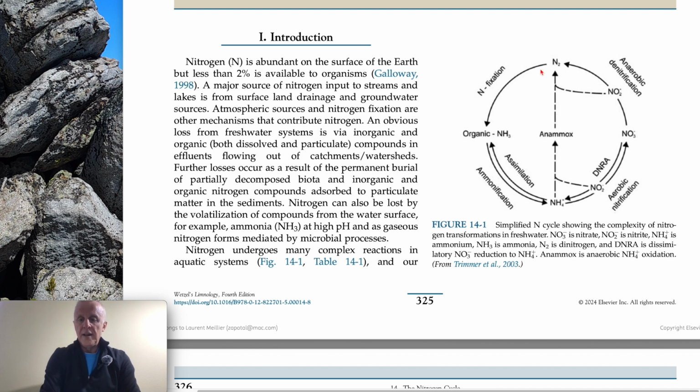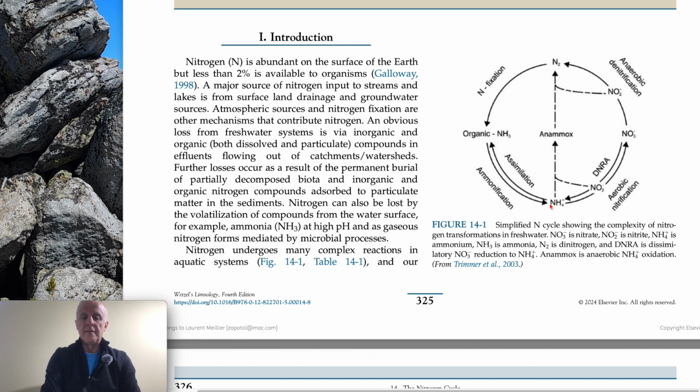So what we have here, let's start with dinitrogen, N2 here. There is nitrogen fixation that results in organic ammonia right here, and organic ammonia can go through ammonification to ammonium, or ammonium can go into assimilation, which forms organic ammonia.